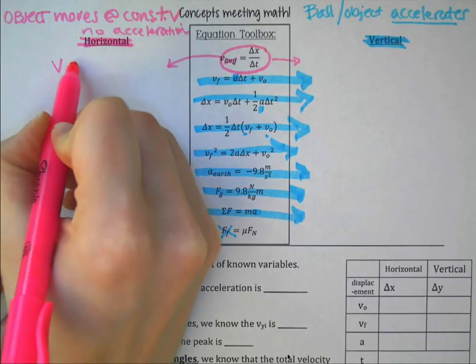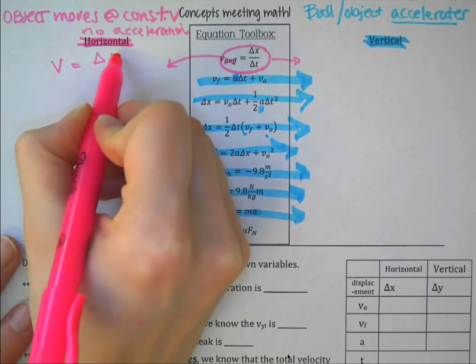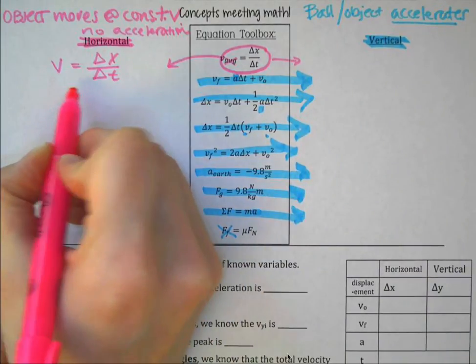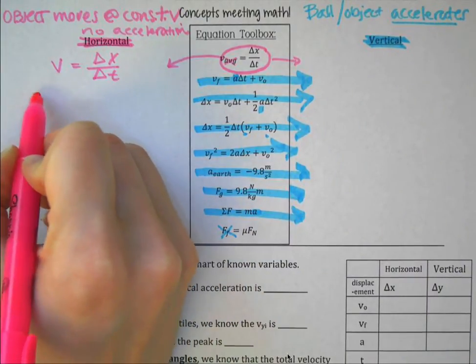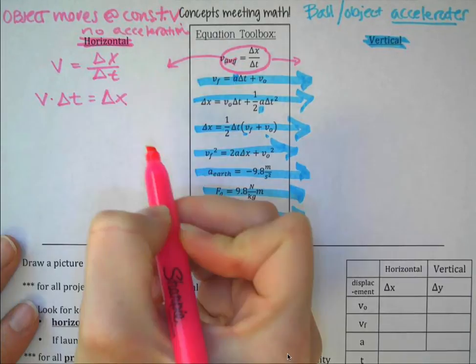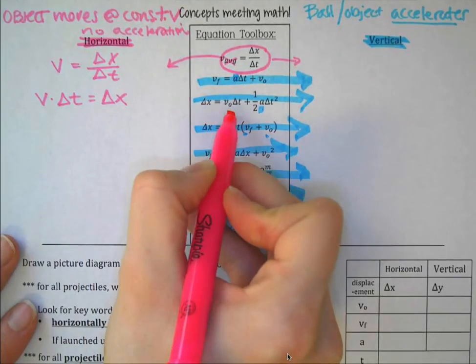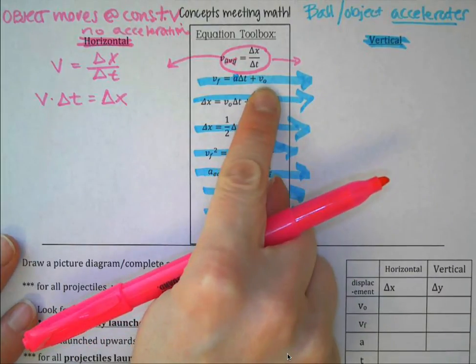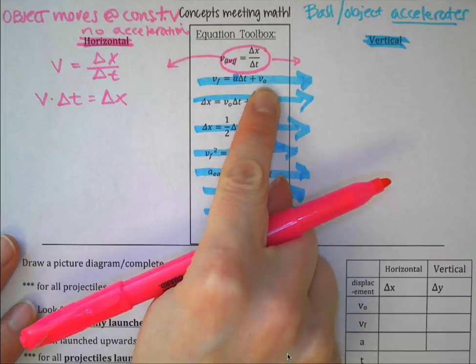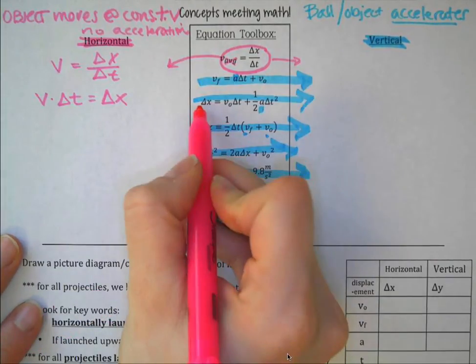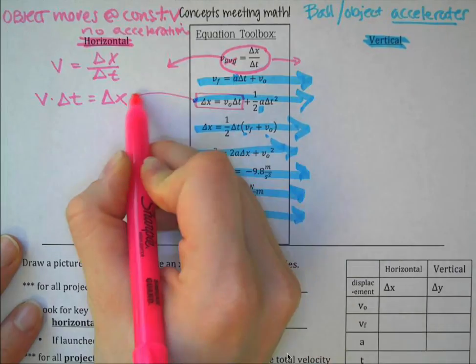So if we just look at velocity equals displacement over change in time, that's also the same thing as saying, if we rearrange it, velocity times delta t equals displacement.